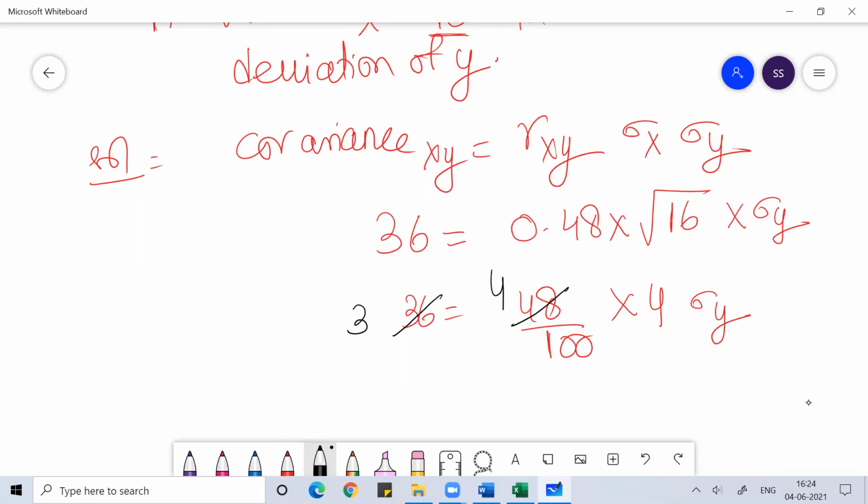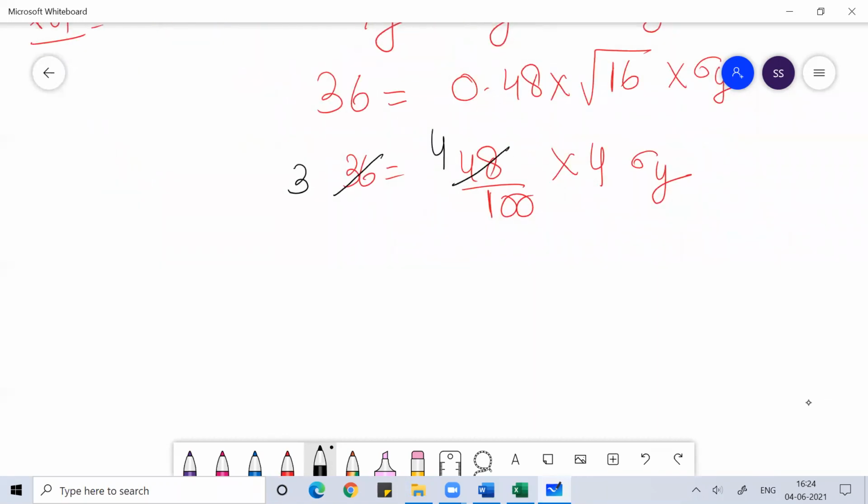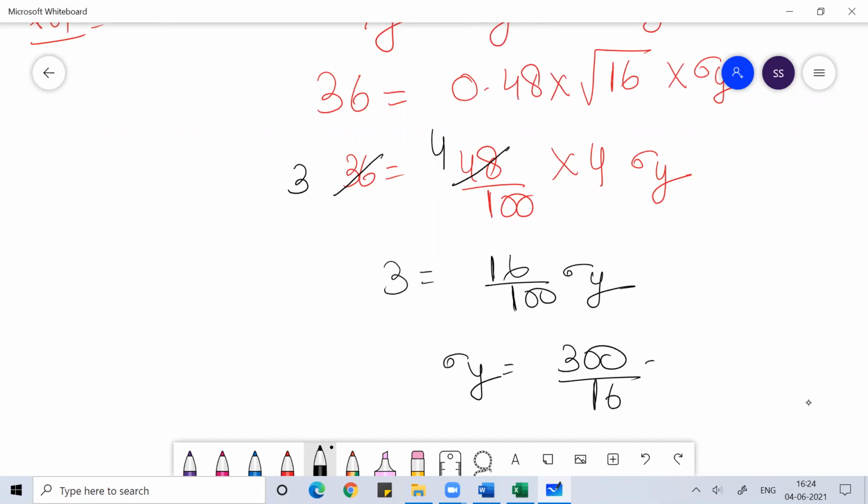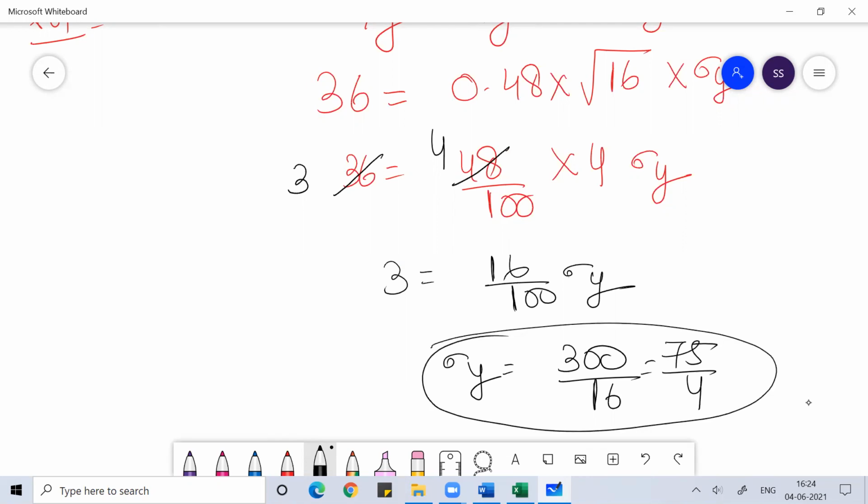So I can write 3 is equal to 16 by 100 into standard deviation of y. Standard deviation of y is equal to 300 by 16, which is 75 by 4. Standard deviation is 75 by 4.